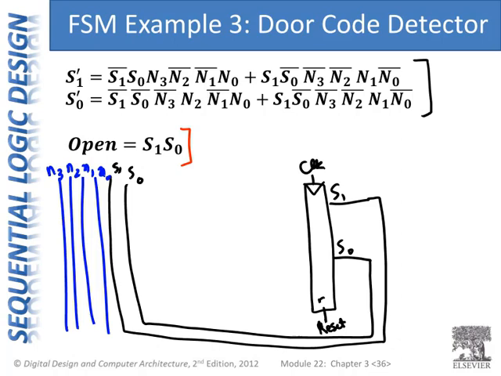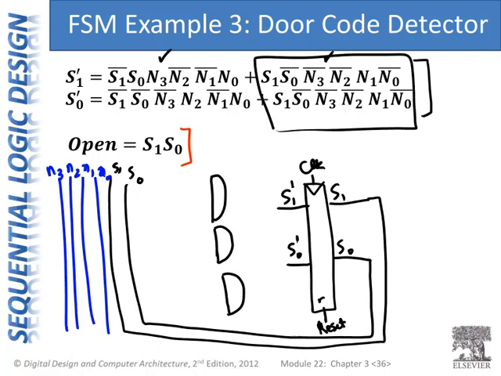So now we're going to create our next state bits, so S1 prime and S0 prime. Well, this first term is a 6-bit AND-shaped gate. So we'll do our 6-bit AND-shaped gate. We have another 6-bit AND-shaped gate. And then we have a third one. Remember these two here are the same, so I only need to generate that term once.